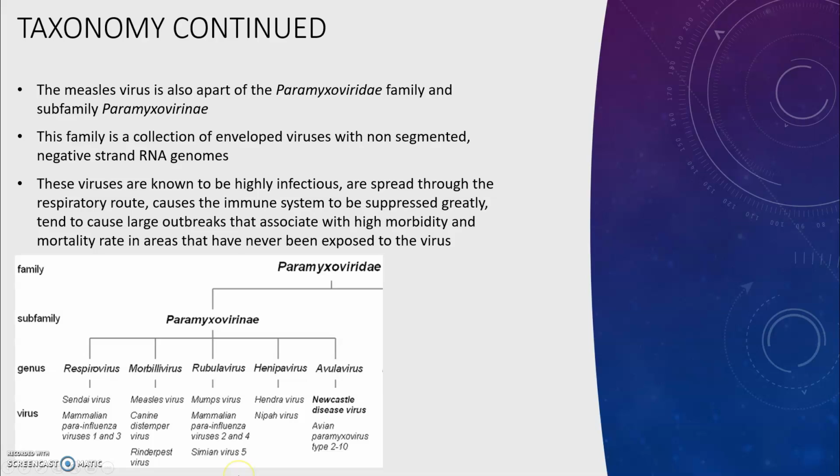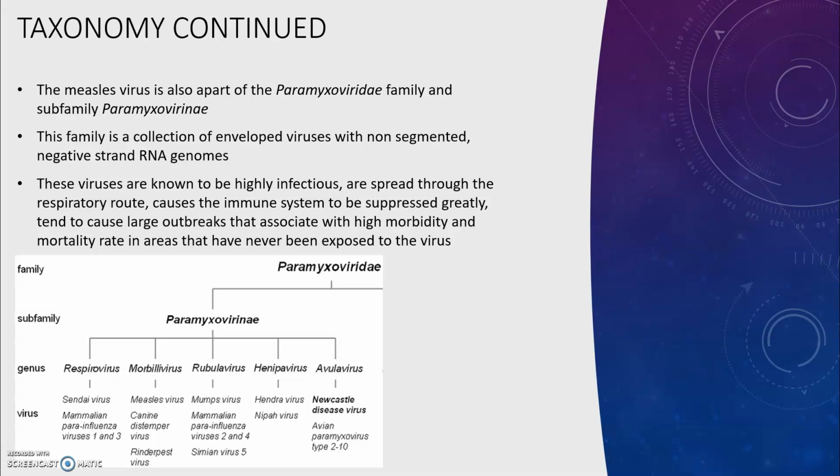We're going to still continue on with the taxonomy. The measles virus is a part of a family called the Paramyxoviridae family and subfamily Paramyxovirinae. Sorry if I totally botched that. This family is a collection of enveloped viruses with non-segmented negative strand RNA genomes.